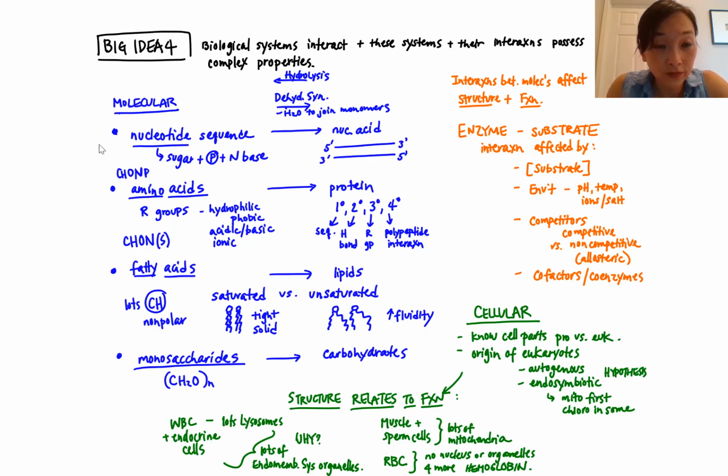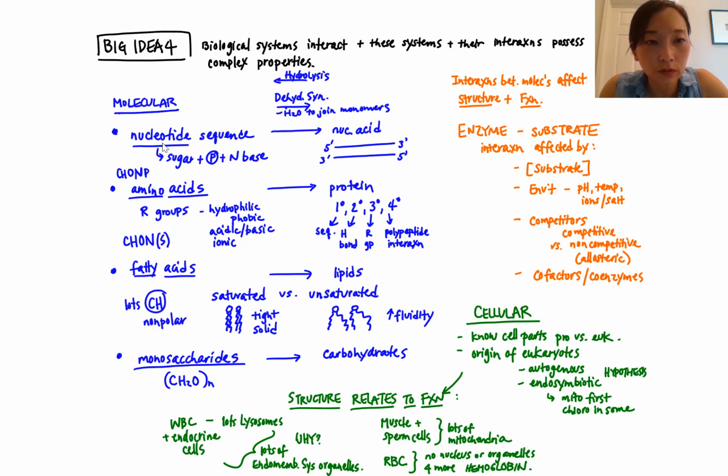Okay, so this is a review of some of the biochemistry. Remember that you have monomers that are joined to form polymers, which make up your organic compounds. Remember, you have dehydration synthesis, which is a process that removes water, so an OH on one side and a hydrogen on the other, and forms a covalent bond to join monomers.